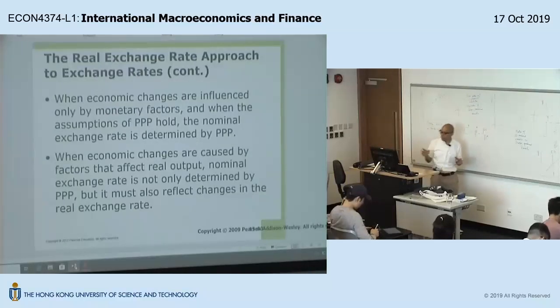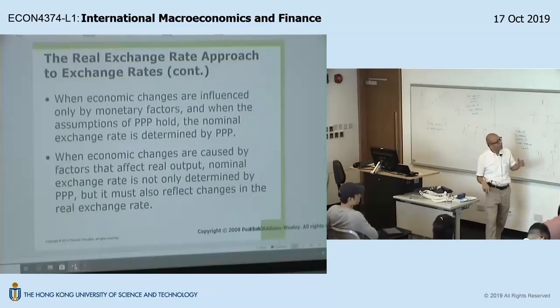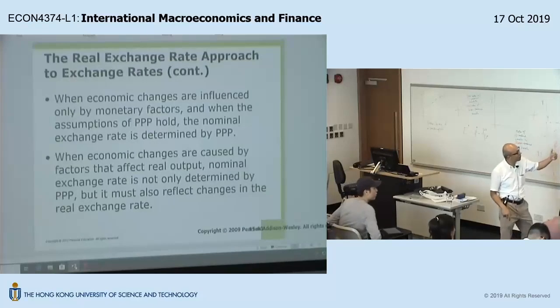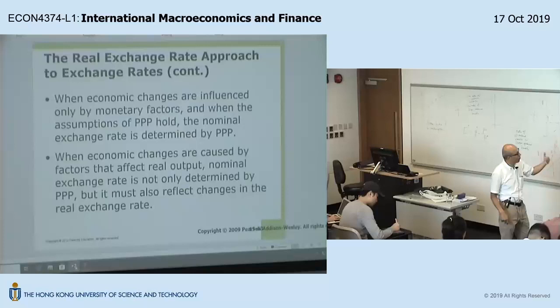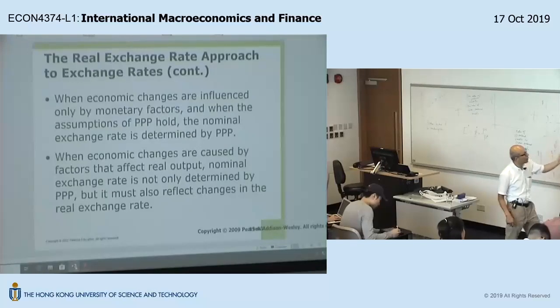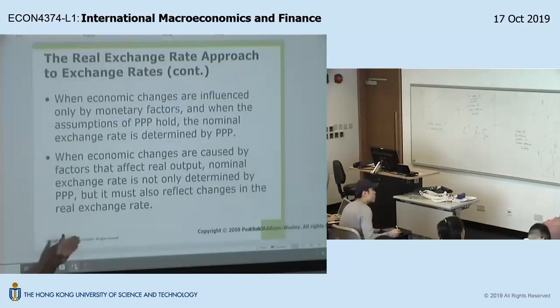But if the factors are caused by the real market, factors that affect real output, then the nominal exchange rate is not only determined by PPP, but also reflects changes in the real exchange rate. So it has both an effect on price and on the real exchange rate.